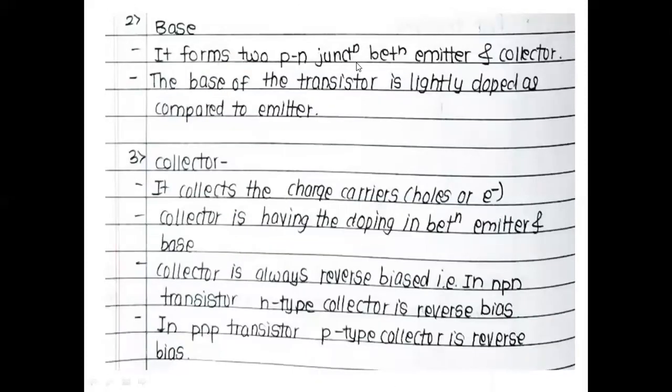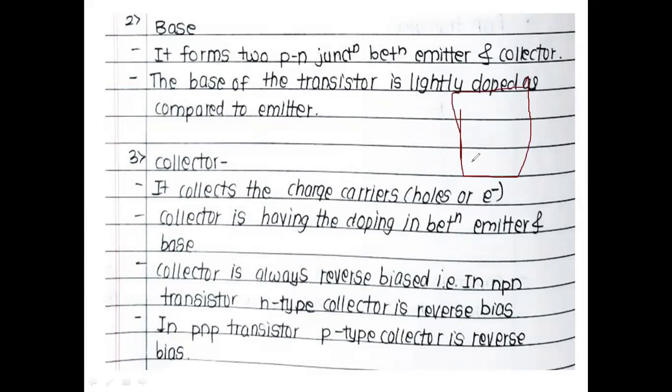The next terminal is the base. We are going to discuss it now. Base means, for NPN, it connects to the P, and for the PNP, it is connected to the N. It is the middle semiconductor we are going to consider. So it forms two PN junctions. Because of this middle layer only, two junctions will be formed.